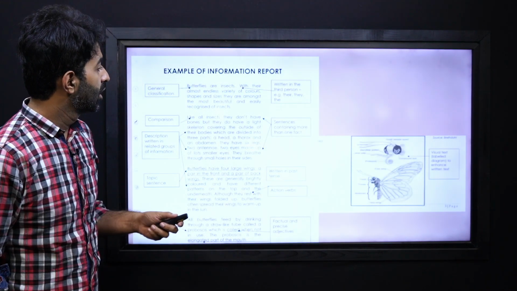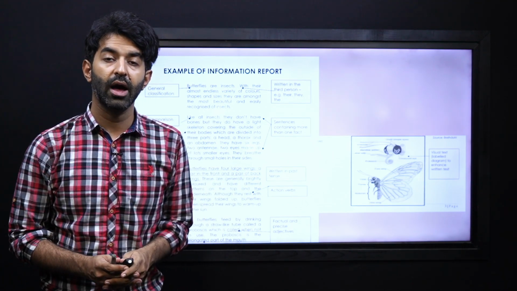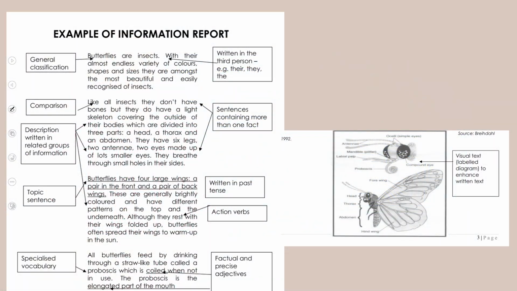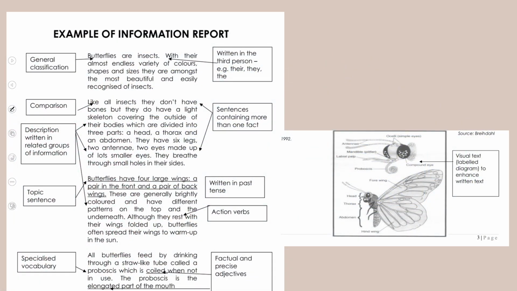Now, here you can see this exemplary information report. I hope that you can see it on the screen very well. First, when you want to write an information report, you write a general classification. This is about butterflies.